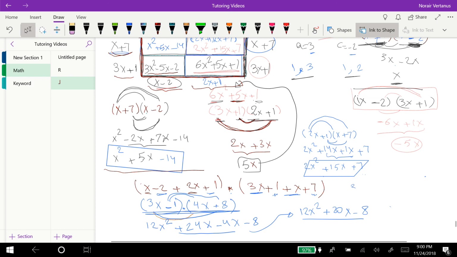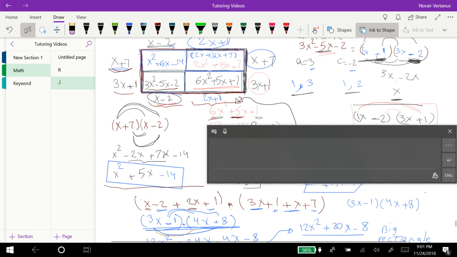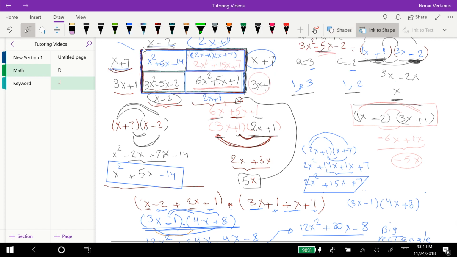I'm going to rewrite it here, 3x minus 1 times 4x plus 8. So this is for the big rectangle. It's for this one. All right, this problem is done now.